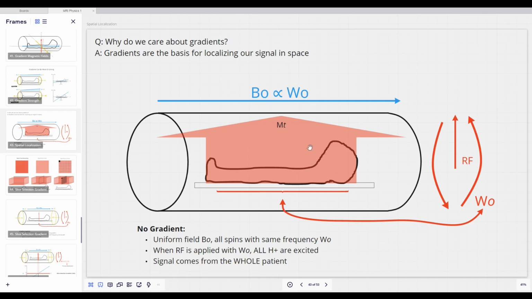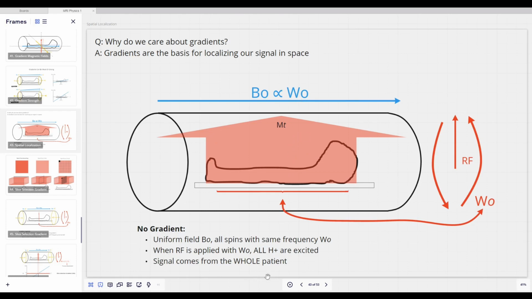And as we said before, when everything's spinning with the same frequency and we apply our RF pulse at the same frequency, we're going to excite those protons. If everything here is precessing at a frequency of 5, and we apply our RF pulse with a frequency of 5, we're going to excite all those protons.